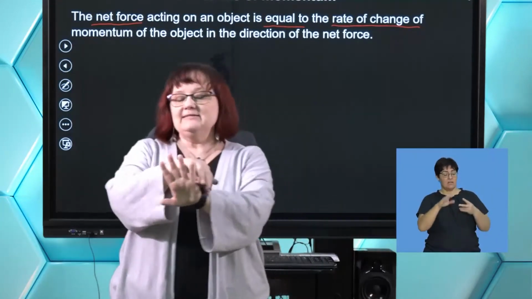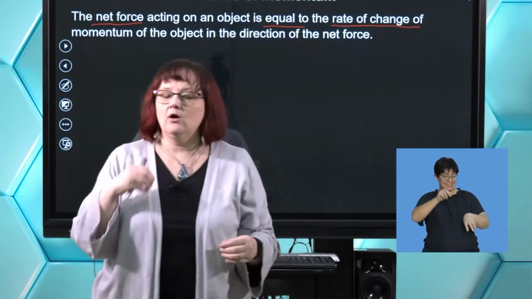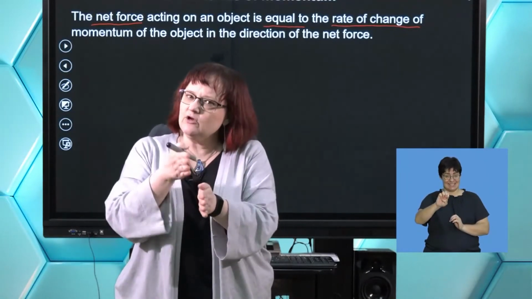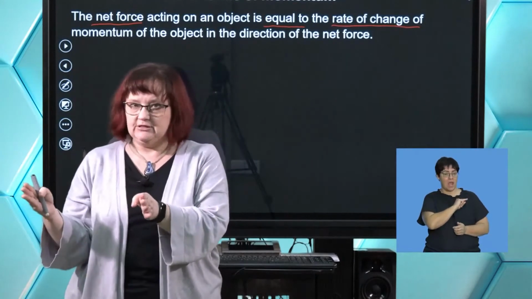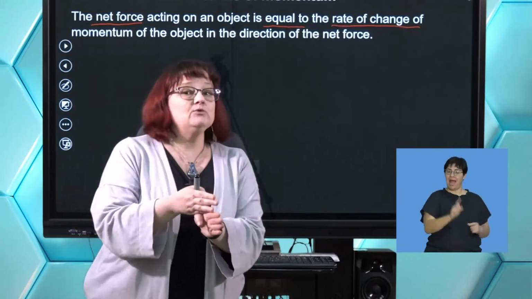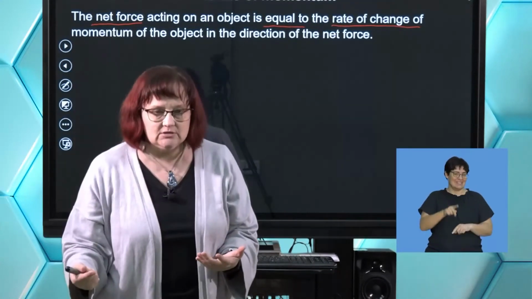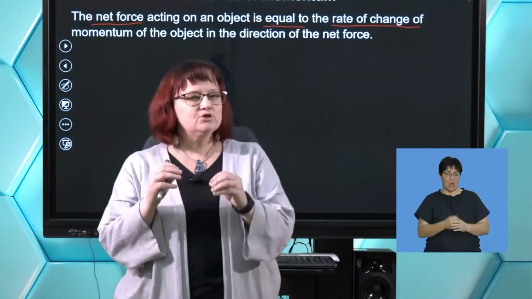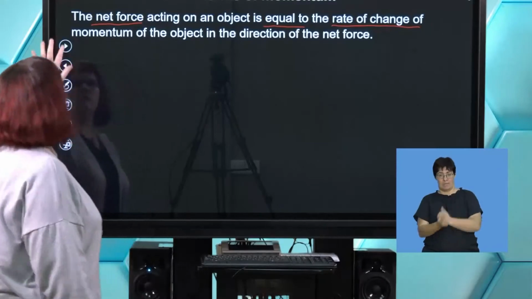But now, instead of doing all those other things, it's equal to the rate of change. Guys, that word rate cannot be left out here, because it's not equal to just the change of momentum. It's equal to how quickly the momentum changes. That's really important to get here, okay? It's not just about the change. It's about how quickly or slowly it happens.